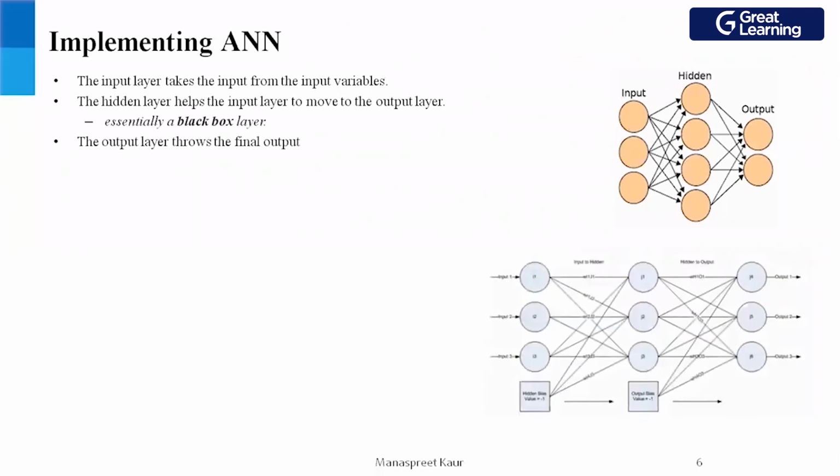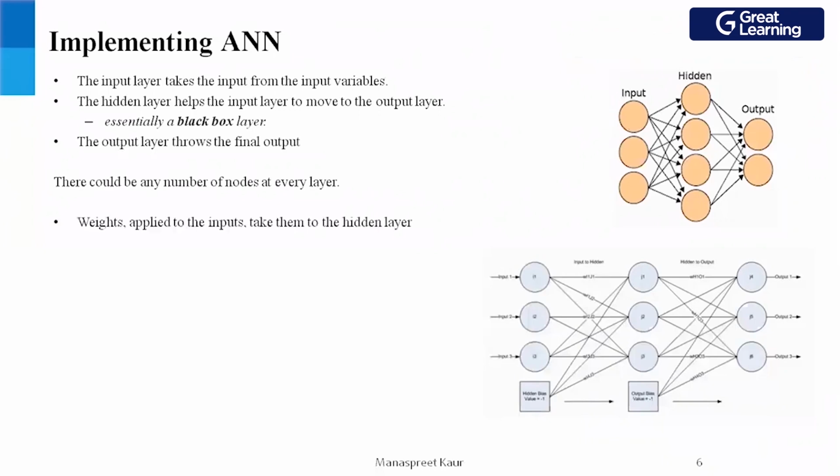So this is another, more detailed diagram of the above diagram. What I'm trying to show here is that there could be any number of nodes present at every layer, and there are weights that are applied to the inputs that take them to the hidden layer. If you see in the diagram below, there are 3 inputs, 1, 2, 3, and some weights are applied to each of the inputs when it is being taken to the hidden layer.